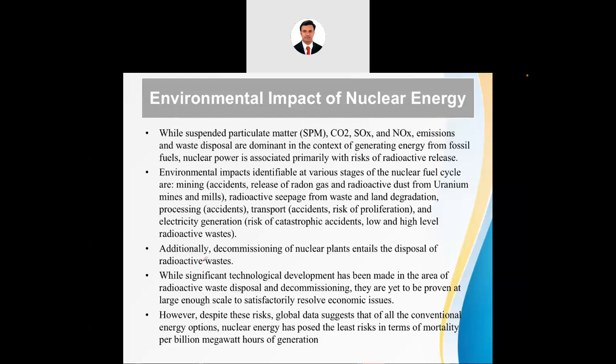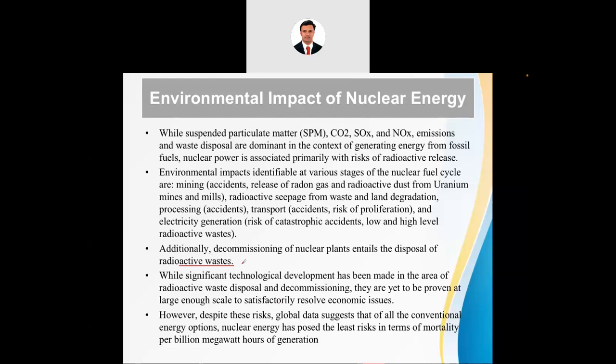Additionally, the decommissioning of a nuclear power plant entails the disposal of radioactive waste. While significant technology development has been made in the area of radioactive waste disposal and decommissioning, they are yet to be proven at large scale to satisfactorily resolve economic issues.